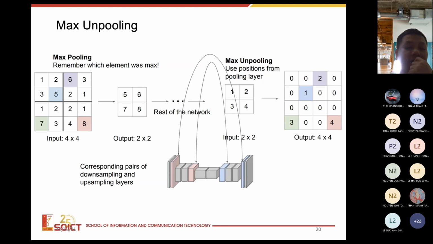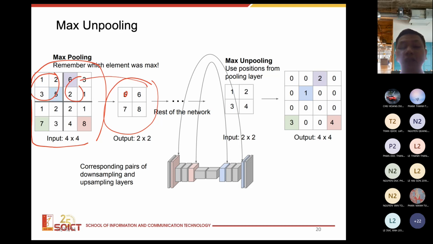When you do max pooling, you have the input with the size 4x4 here, and then you keep the max in the output 2x2. In this region the max is 5, so you keep 5. In that location the max is 6, so you keep 6, and then the 7 and 8. The max unpooling is the inverse case of the max pooling.